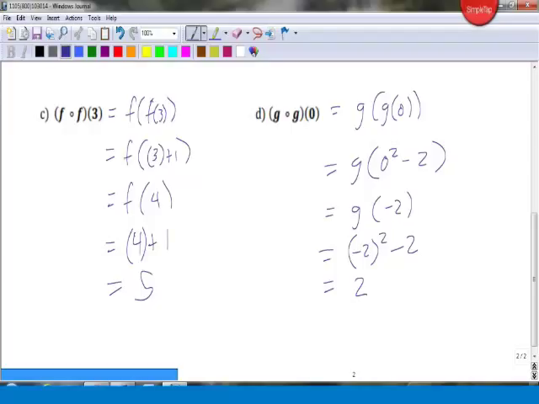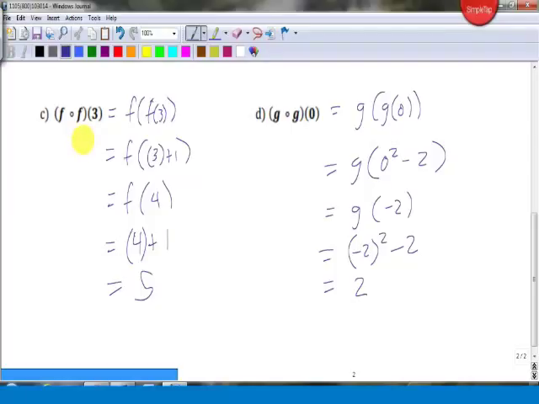We could just as well find G composed with G composed with G composed with G of 0. And it's maybe interesting to see what's the long-term result of carrying out that process as often as we need to.